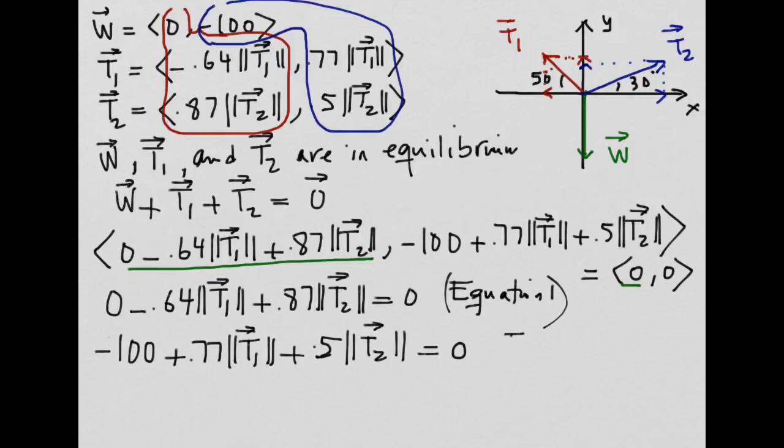We'll call this equation 2. And to get this equation, I simply equated the second component of the vector on the left with the second component of the vector on the right.